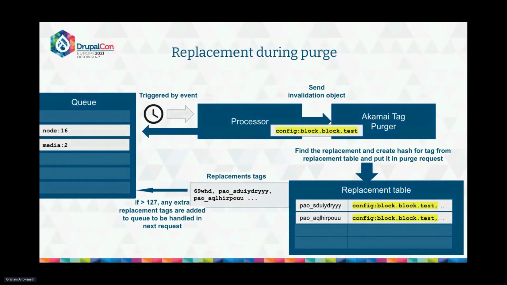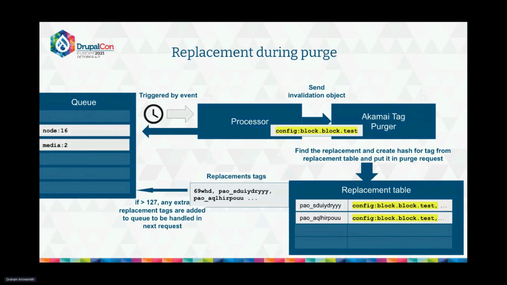But there is one more twist here: Akamai restricts how many tags can be sent in a particular HTTP request for purging. That means we can only send 127 tags at a time. So we decided that we need to put the rest of the tags into the queue.